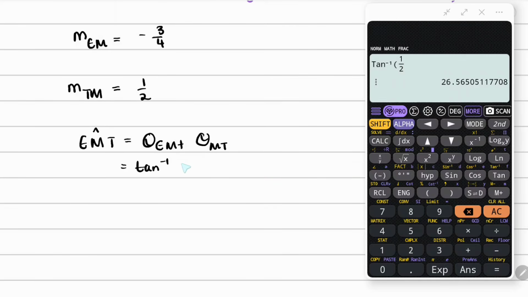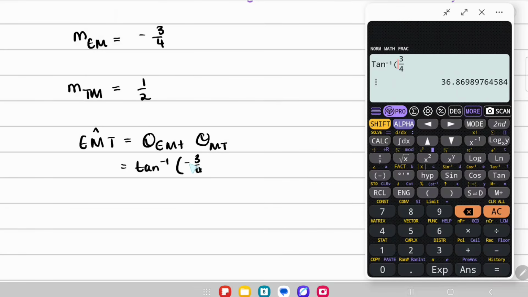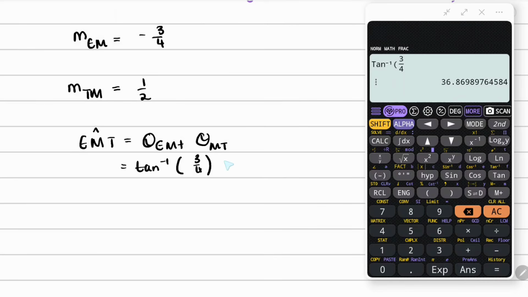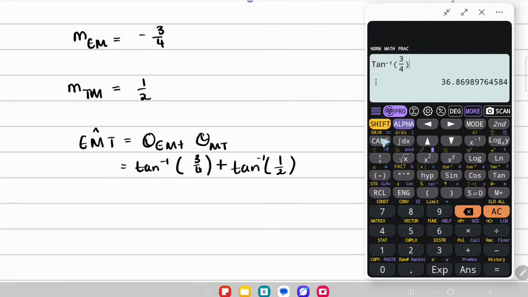You can just say shift tan of negative 3 over 4, or just say positive 3 over 4, so it gives you the positive one instead of multiplying it by negative 1. And then add it to shift tan of 1 over 2. Okay, and then that will give you your answer. So we're adding this to shift tan 1 over 2, and you see that I multiplied.